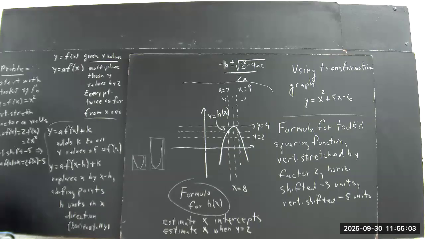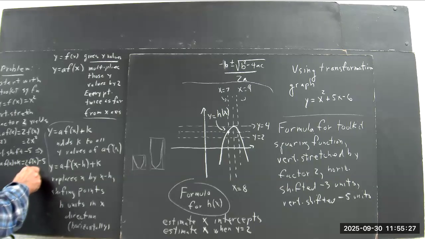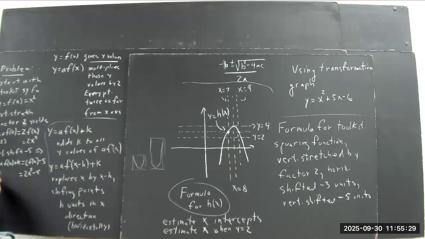I didn't write this down exactly the way I wanted to. Vertical stretch factor 2 yields 2 f of x because a equals 2. Vertical shift -5 yields 2 f of x minus 5 equals 2x squared minus 5 because k equals -5.